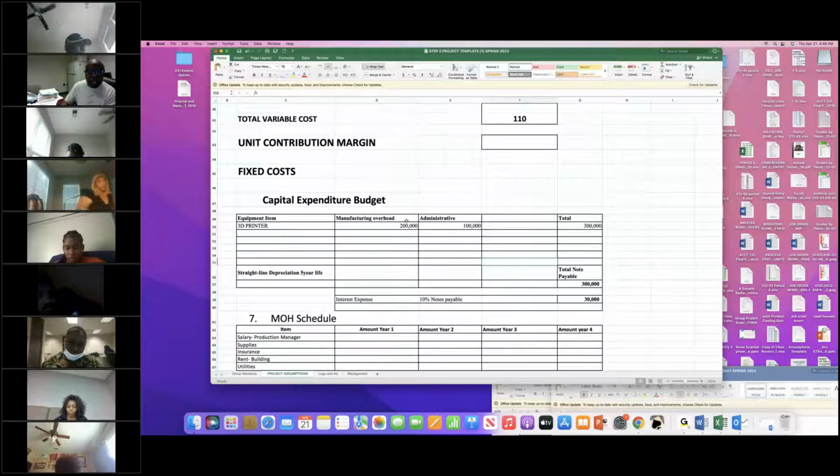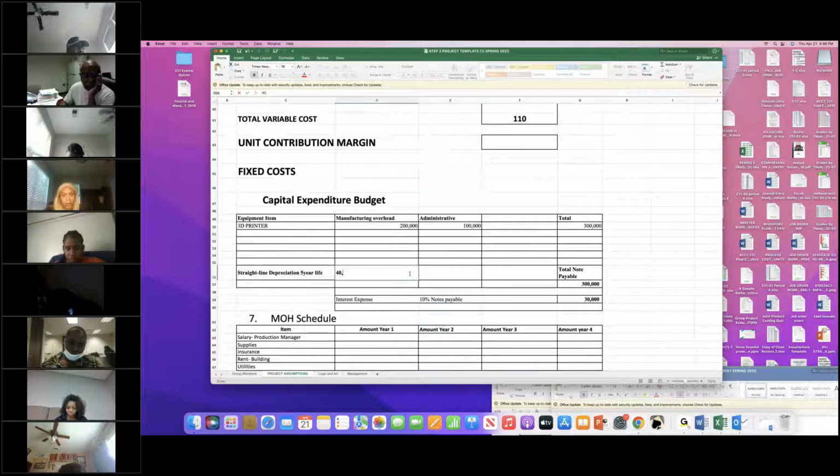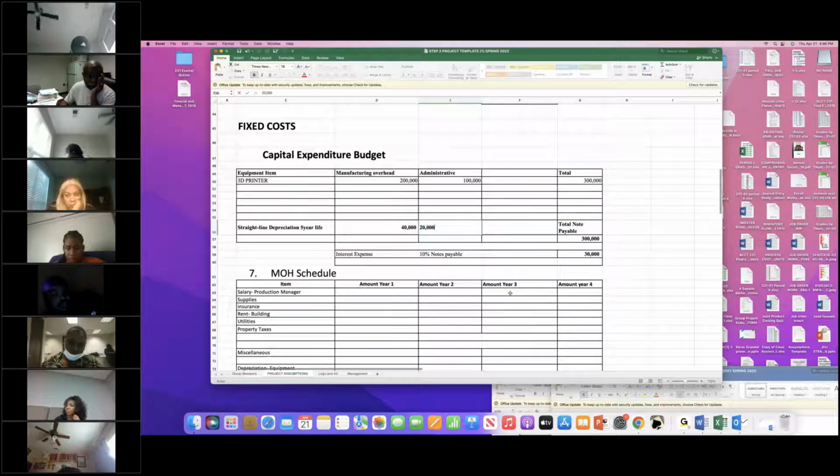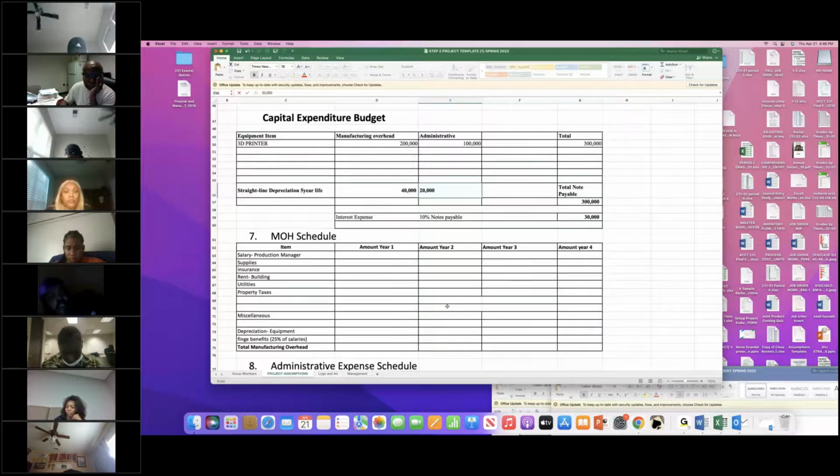We divide 5 into the administrative expense and we get 20,000 depreciation. You can keep the fixed cost the same each year. Now, we're going to go through and do these fixed costs. And let's just say the manufacturing overhead fixed costs are 270,000.